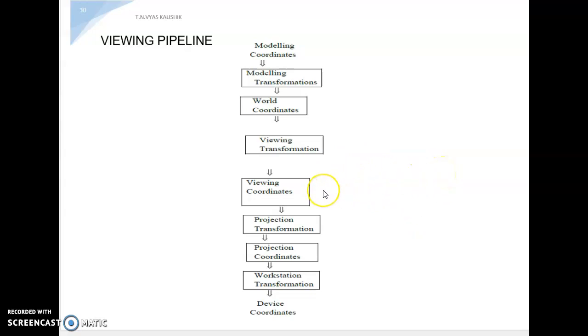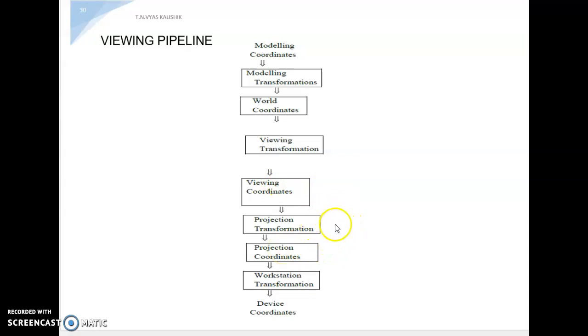But in 3D, the viewing coordinates undergo a projection transformation, because a computer screen is a flat plane and it cannot display a three-dimensional object very realistically. So we need to do some projections. This projection transformation will convert viewing coordinates into projection coordinates.